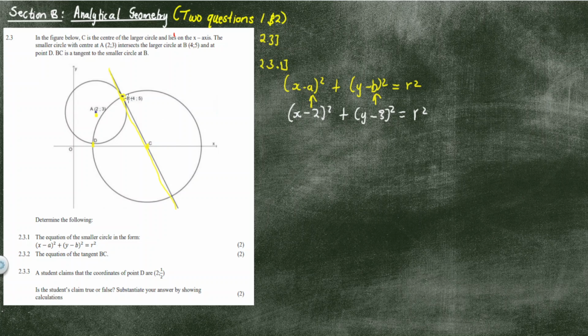Since B also lies on the circle, in order to get r where there's y and x, you substitute the second set of coordinates, B. So you open brackets where there's x, it's 4 minus 2 squared. Then where there's y, it's going to be 5 minus 3 squared equal to r squared.